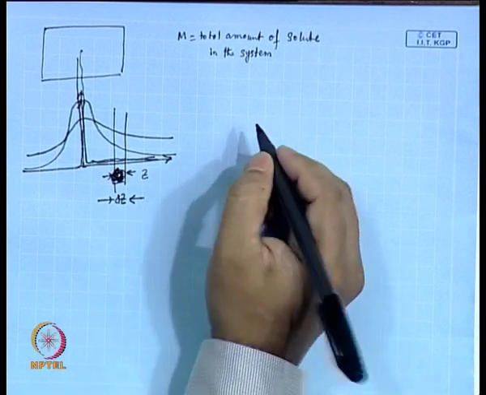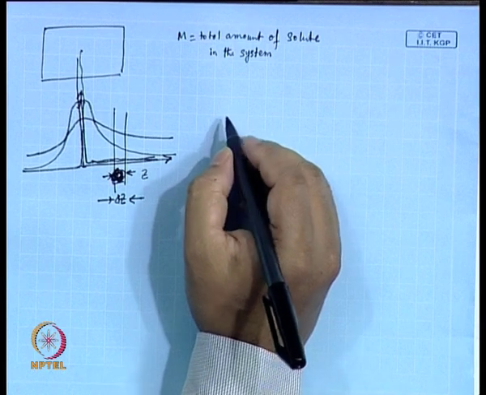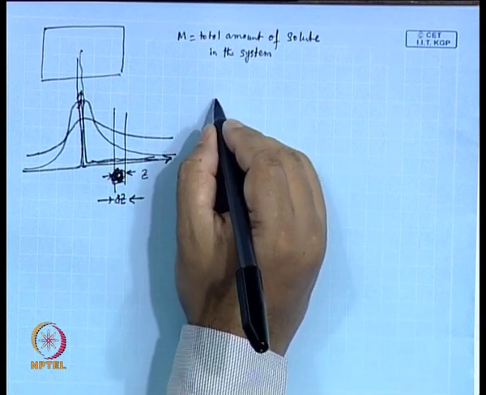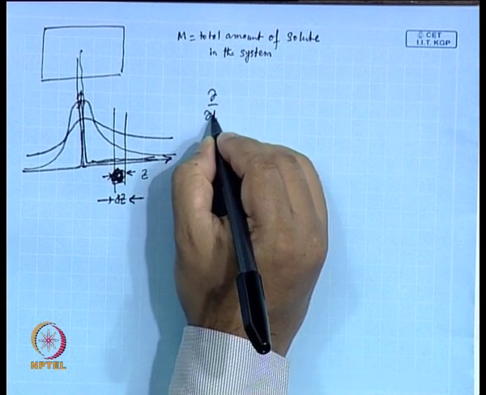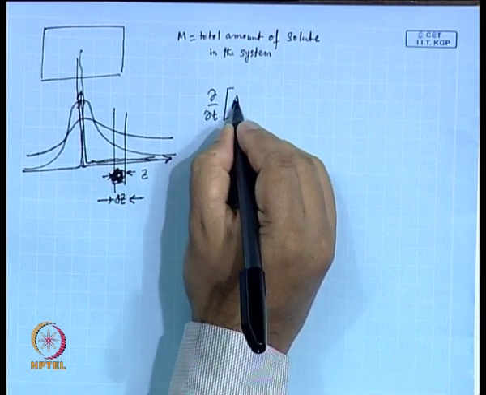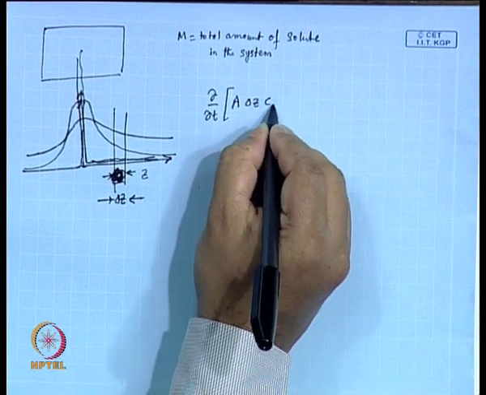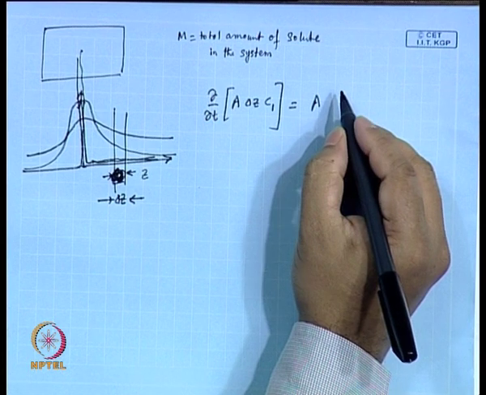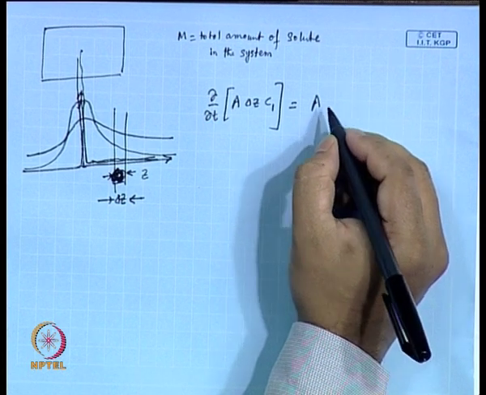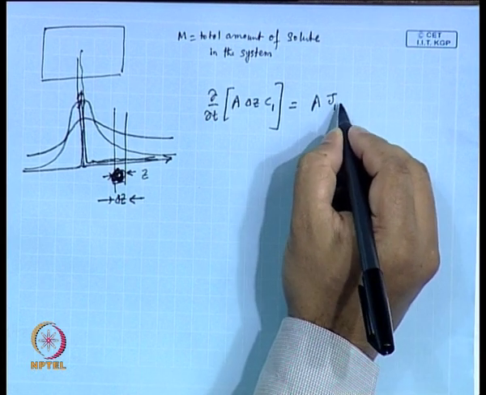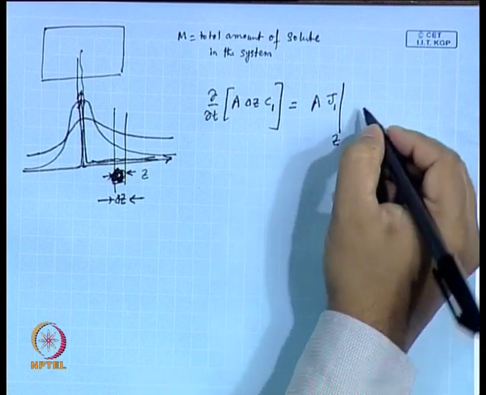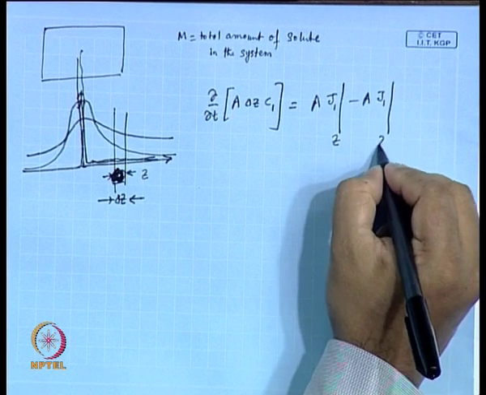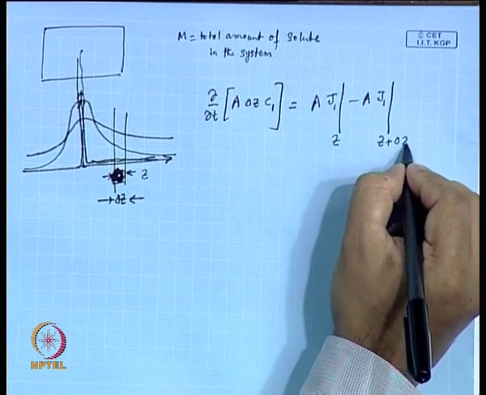If you are drawing a mass balance there, you would be writing del t of A delta z C1 is equal to A J1, that is the flux at z, minus the flux at z plus delta z.